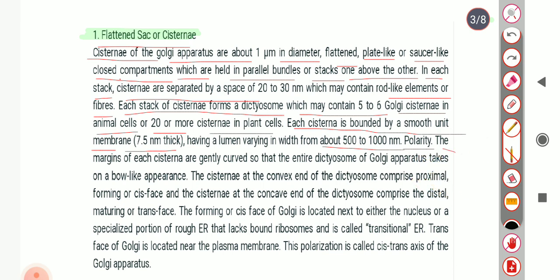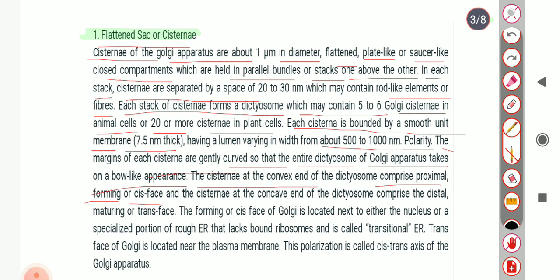The margins of each cisterna are gently curved so that entire dictyosomes of Golgi apparatus take a bow-like structure. The cisternae at the convex end of the dictyosome comprise the proximal forming or cis face.